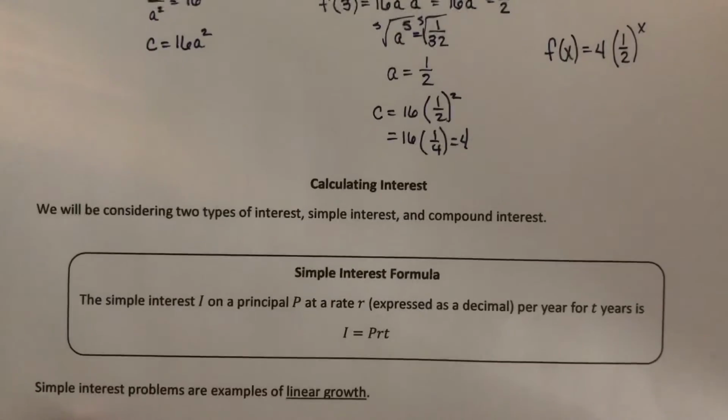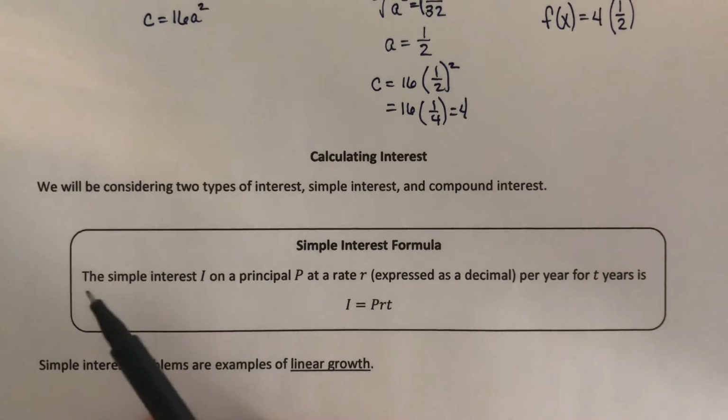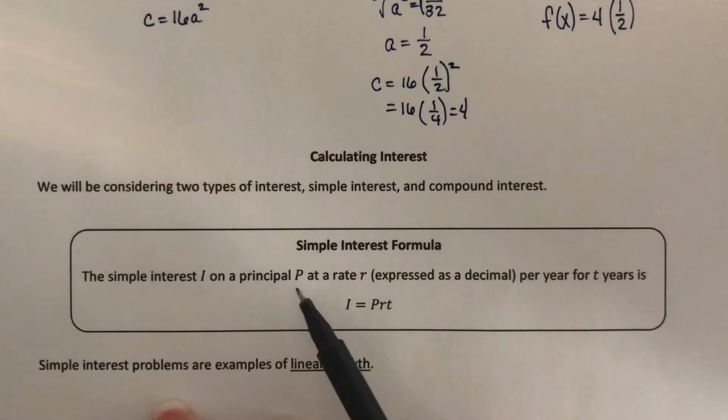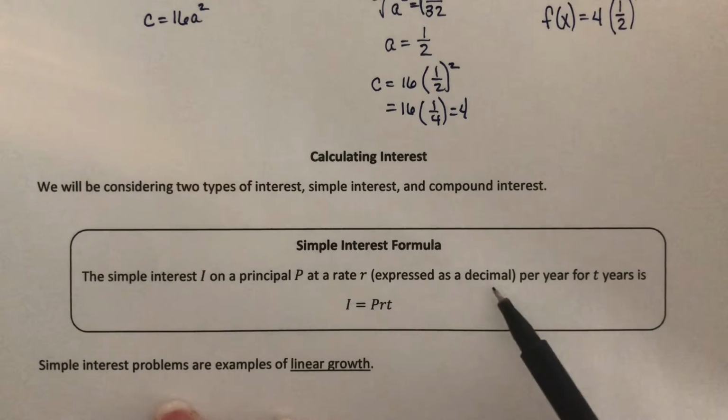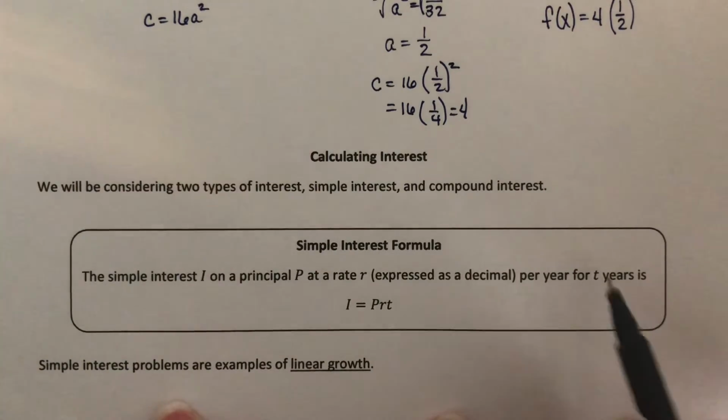Now we're going to be talking about various forms of interest. We're first going to talk about simple interest. The formula for this is the simple interest I on a principal P, and principal is how much money you have invested, at a rate R, which is expressed as a decimal, per year for T years.